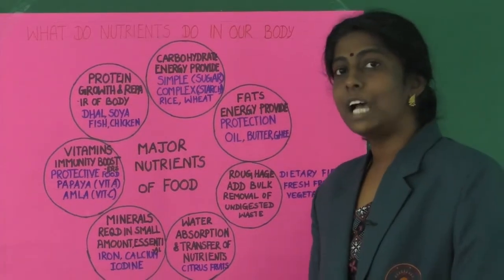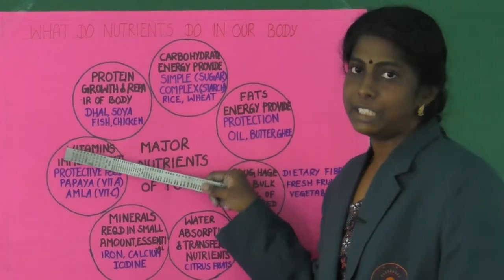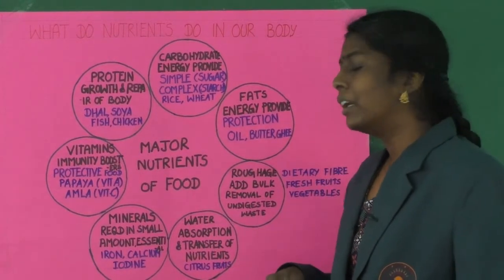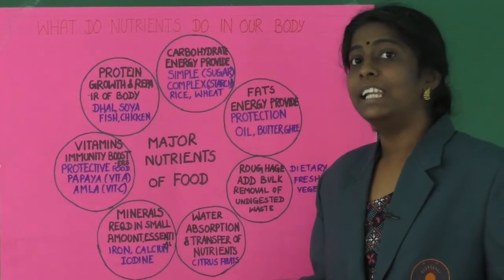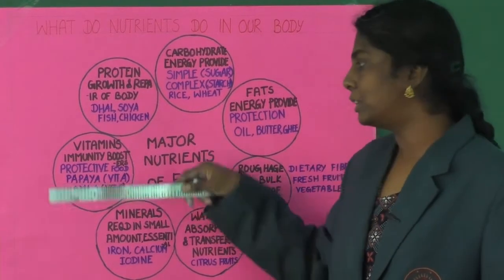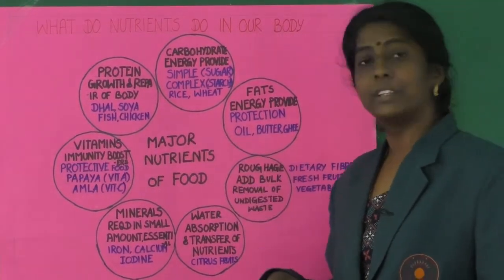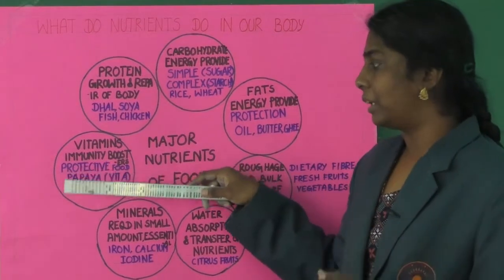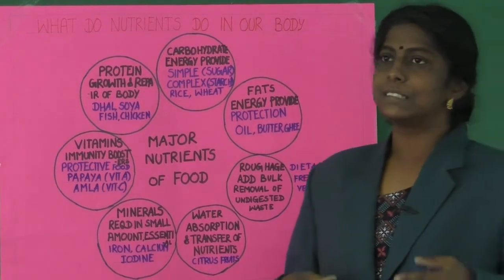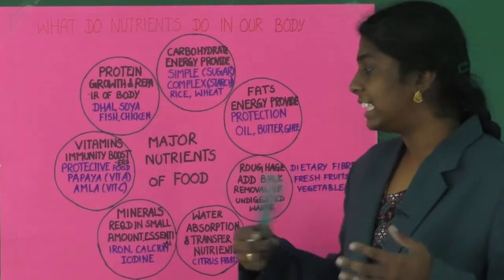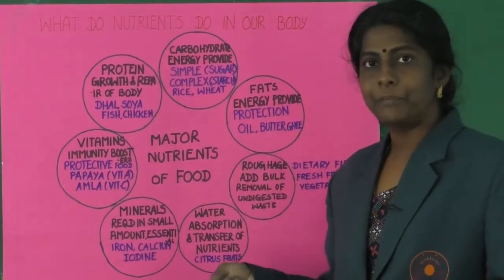So students, now about the fourth nutrient, vitamins. Here it basically protects the body, and it acts as an immunity booster. It's a protective food. It's seen more in papaya, amla and all.